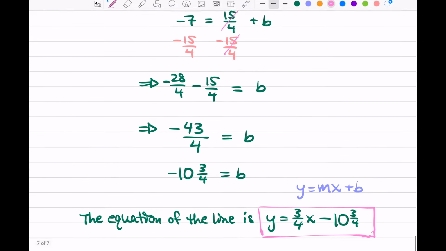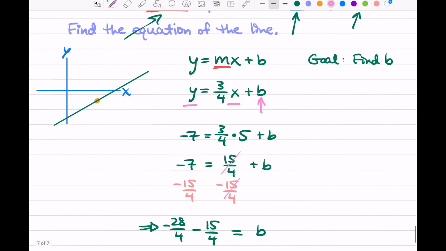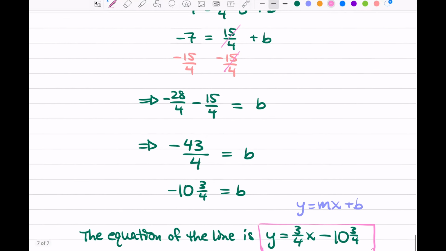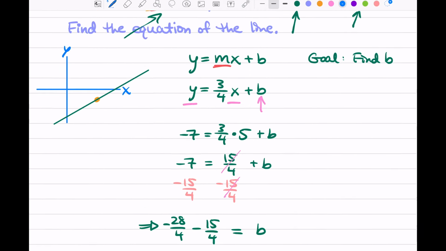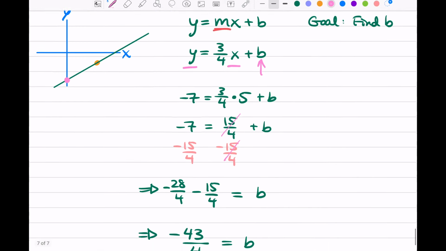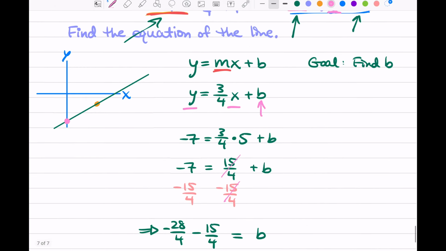And why was it helpful to draw a picture at the very beginning? Well, you can use it to guide you and kind of double check. So we see in our answer of our equation, we have a y-intercept of -10 and 3/4. So our chart should cross the y-axis in a negative area, right? And in a similar way, we have a positive slope here. We should be showing a positive slope on our picture. And we do, since it goes up and to the right.